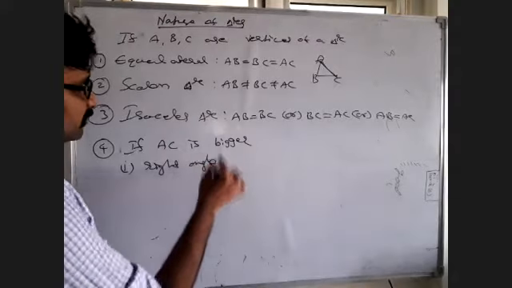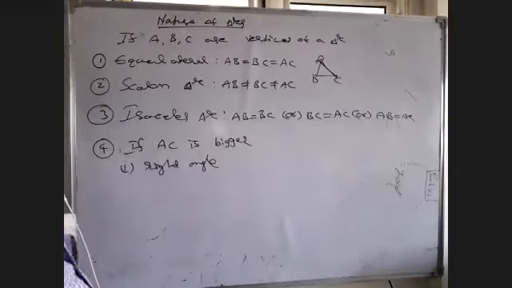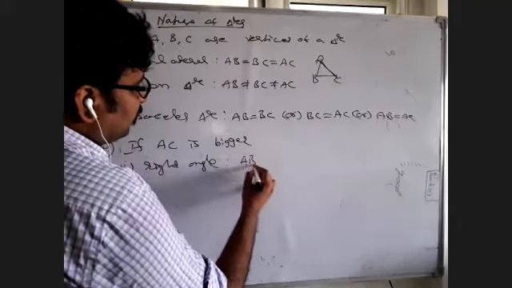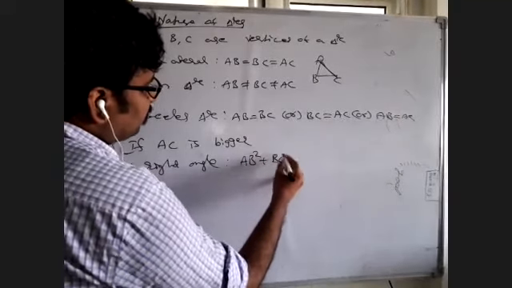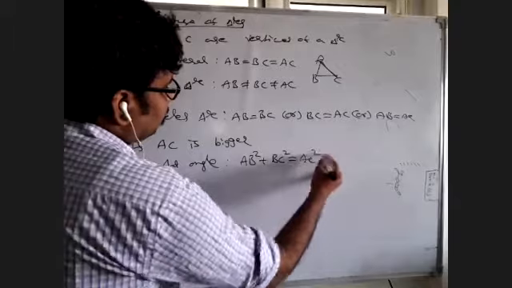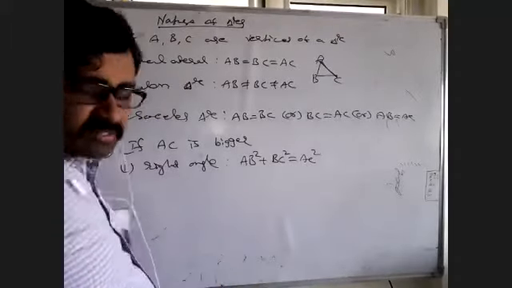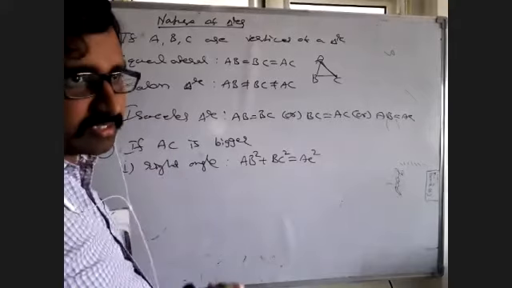Right angle means 90 degrees. The condition you know already: AB square plus BC square equal to AC square. Hypotenuse square equal to side square plus side square for a right angle triangle.